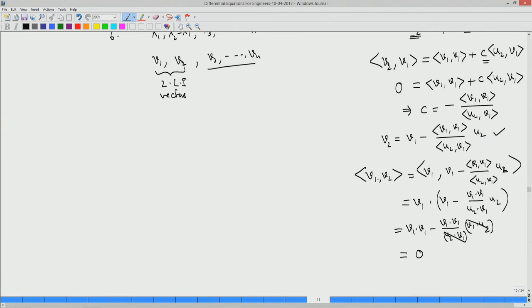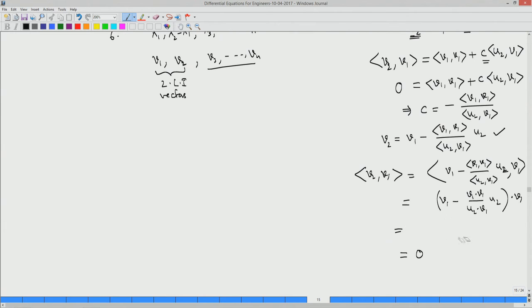So, if you have V2, you can rewrite it and make a dot product with V1. So, this is the same as V1 dot V1.